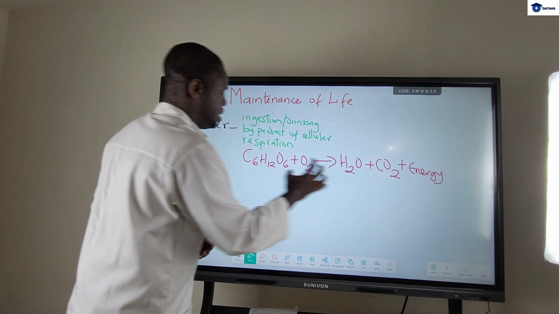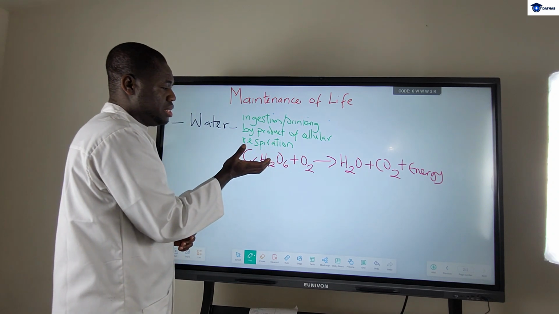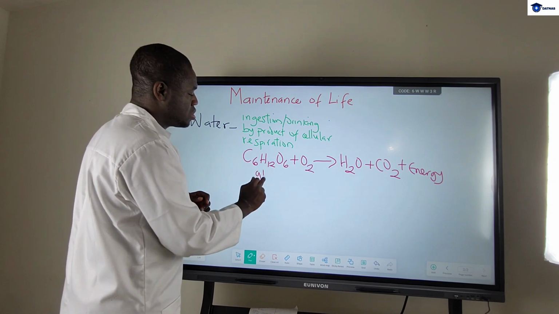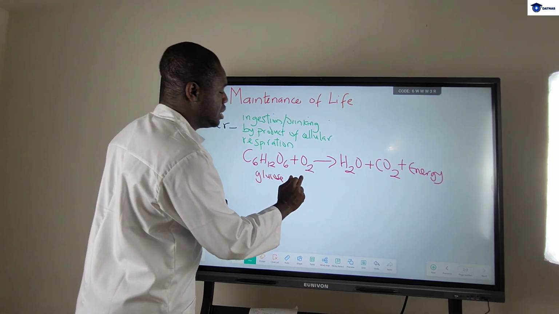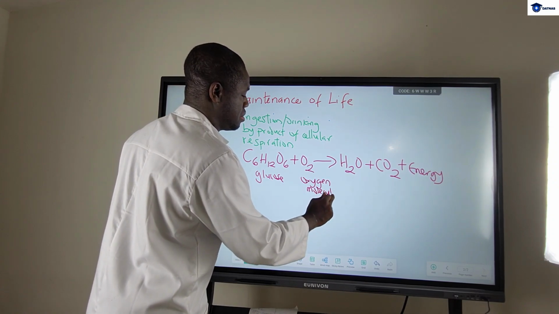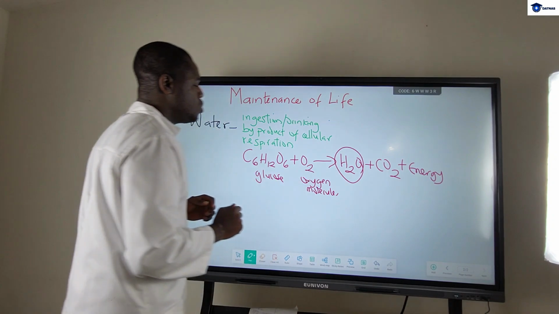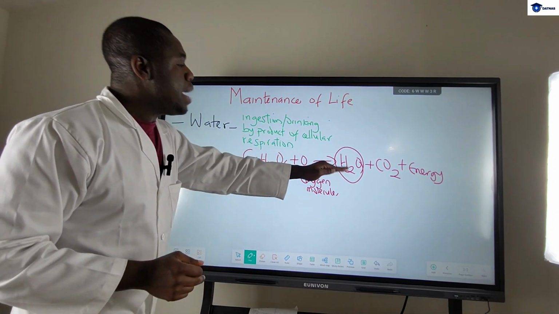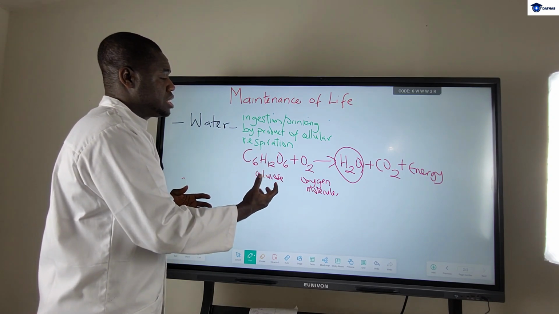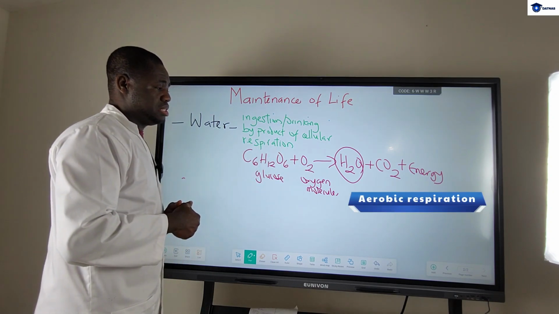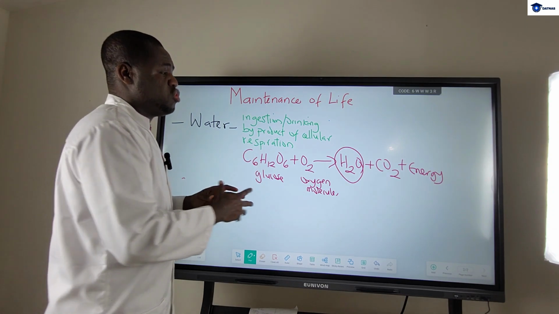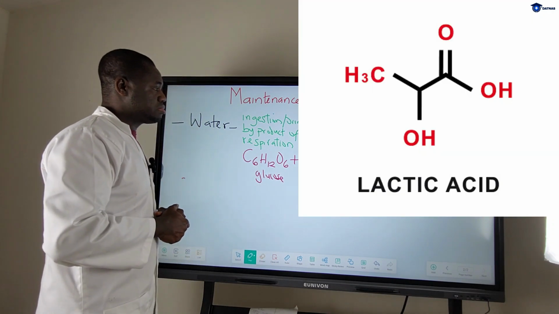This reaction is a chemical reaction that occurs between the glucose and oxygen molecules to form water. So this water is a byproduct of a chemical reaction. You can also call it aerobic respiration, where the glucose and oxygen bind together to form these byproducts.